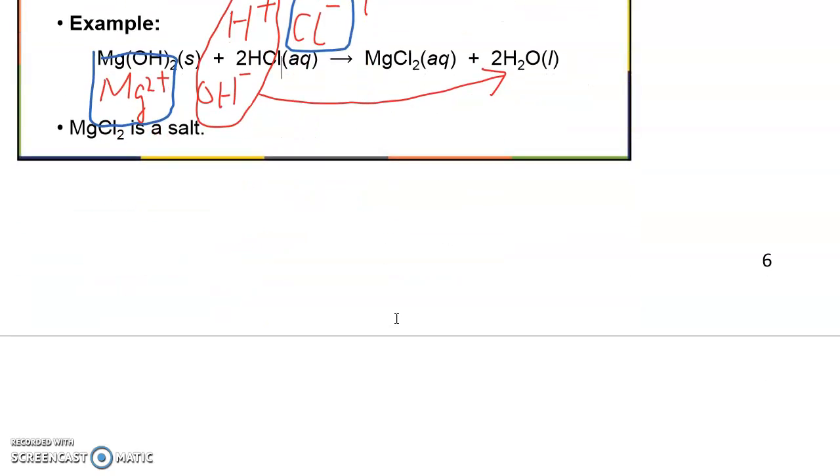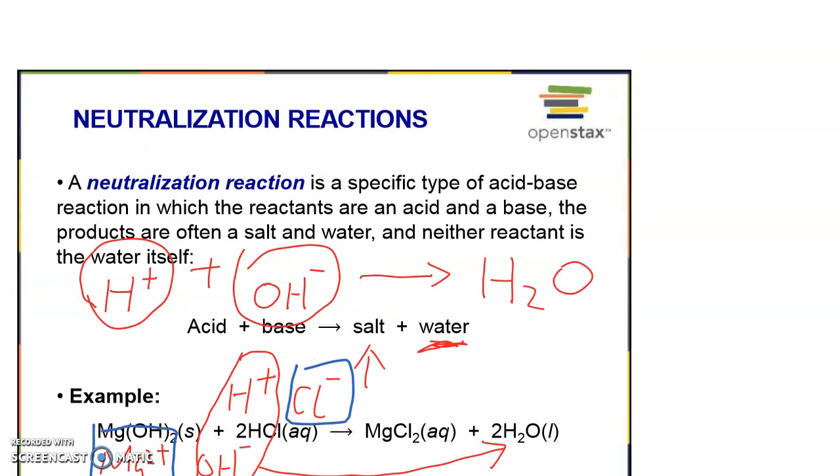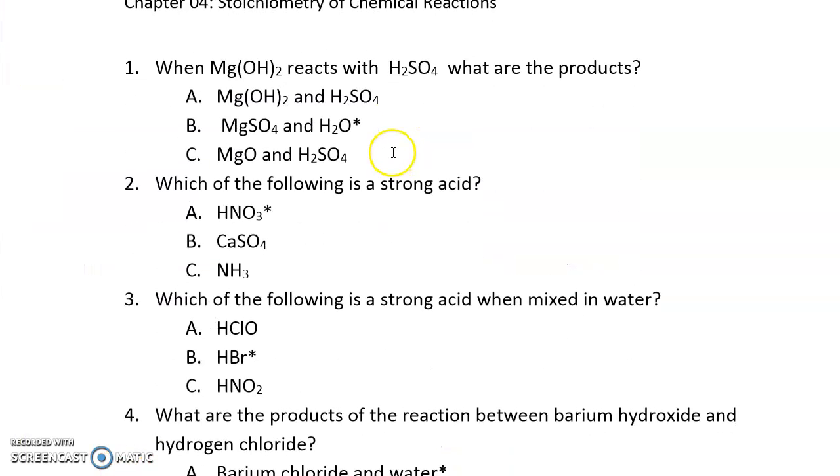Okay, let's look at some examples. All right, problem number 1. When magnesium hydroxide reacts with sulfuric acid, what are the products? Over here, we can see this is a base, because it is from group number 2, and when it dissolves in water, it forms OH, so we know it is a base. How about this?